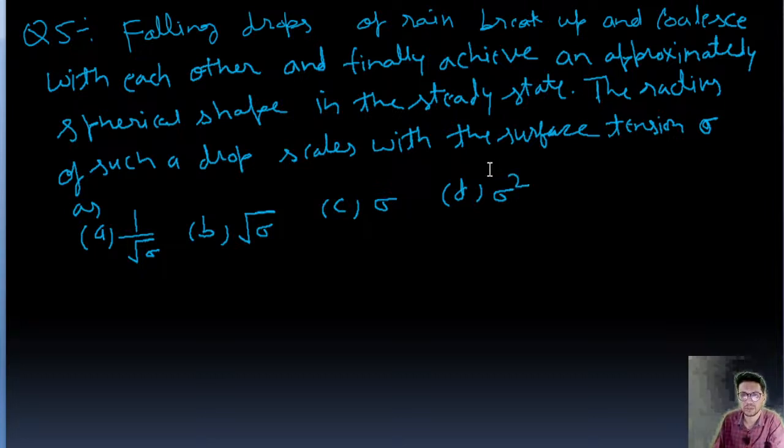So this is the question, I'll read it for you. Falling drops of rain break up and coalesce with each other. Coalesce means they combine together. And finally they achieve an approximately spherical shape in the steady state.